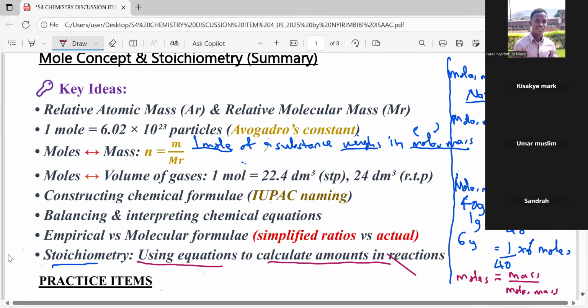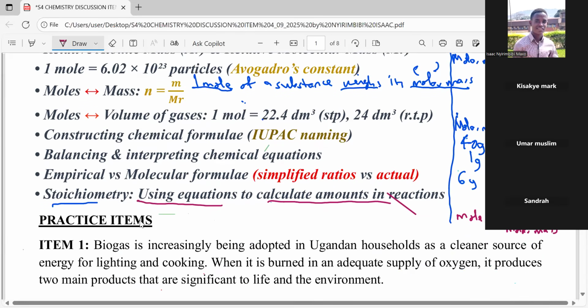Here, I just want to write an equation that we are used to, where we have carbon, which is a solid, reacting with oxygen, which is a gas, to produce carbon dioxide gas. Is this equation balanced? Yes, I believe it is balanced because we have 2 atoms of oxygen on the left and 2 atoms of oxygen on the right.